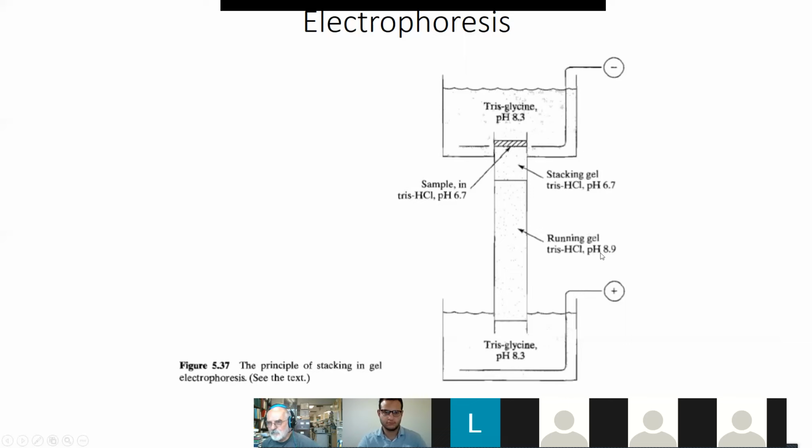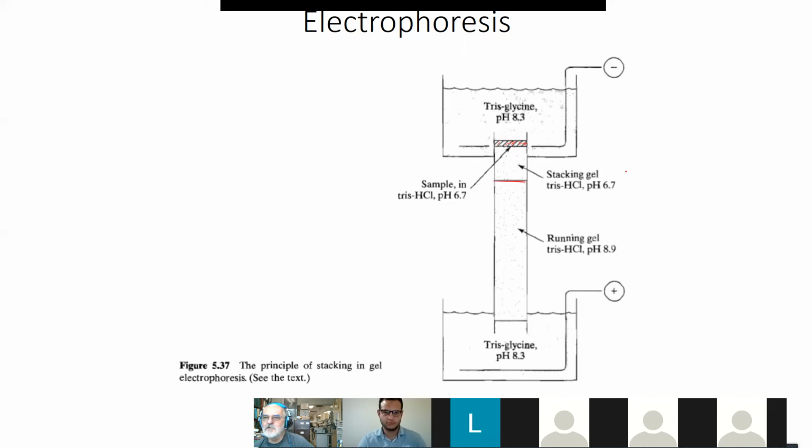Okay. So the secret of a discontinuous gel is that as it runs, there's a sample at the top of the well, and this is represented, I think here, by the sample in the same buffer. And then it migrates through the stacking buffer. And then it hits the higher percentage gel.